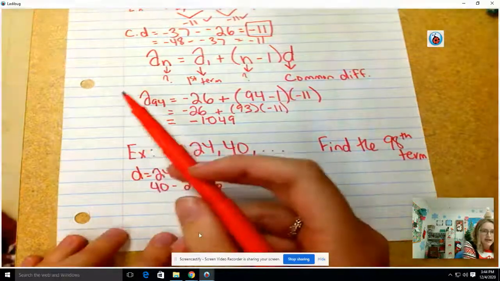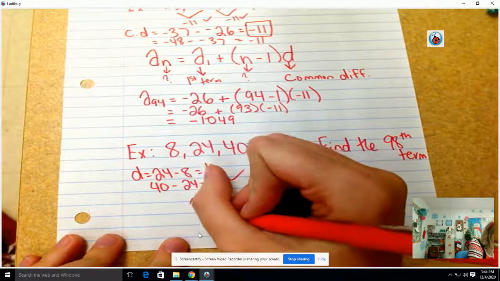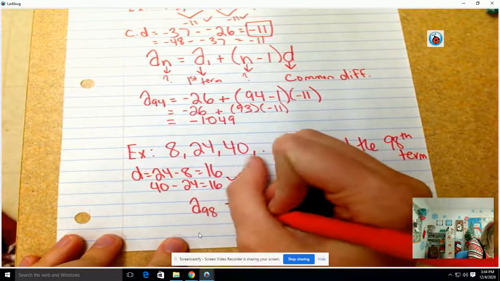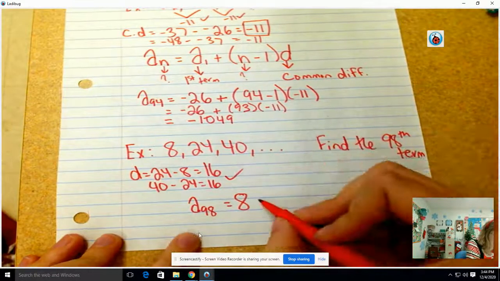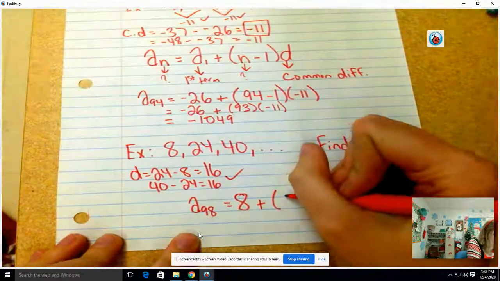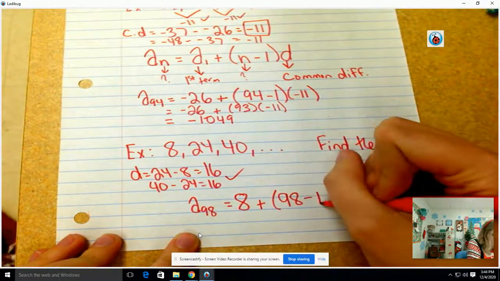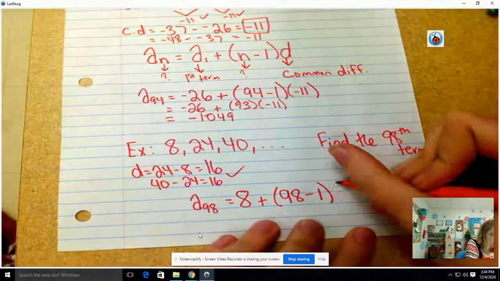So a sub 98 equals my first term, 8, plus the term I'm trying to solve for, 98 minus 1, times my common difference of 16.